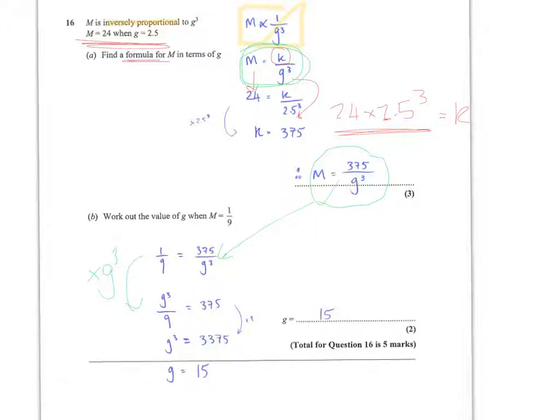So cube root of g cubed leaves me with g, and the cube root of 3,375 is 15. Therefore, the value of g when m equals 1/9 is 15.